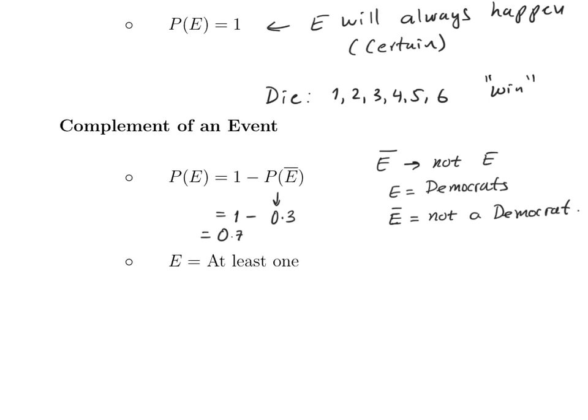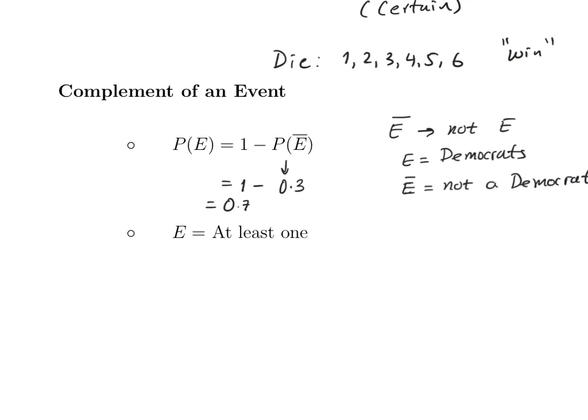There is a particular complement that is going to be very useful the whole semester. Let's say you have the event at least 1. Let's just make sure you understand what that means. Let's say you have 0, 1, 2, 3, 4, 5, and so forth. If your cousin Pedro goes to the market and you ask him to bring you at least a Pepsi, if he brings you 1, that's fine, but if he brings you 2, that's also okay, 3 is okay, and so forth.